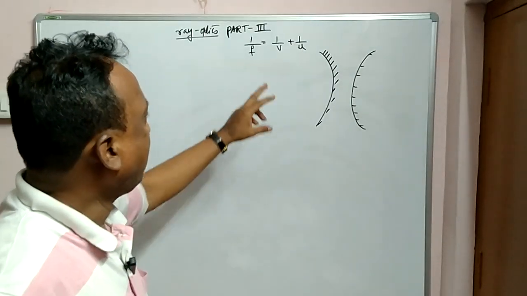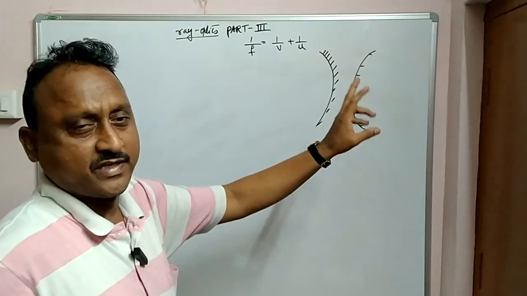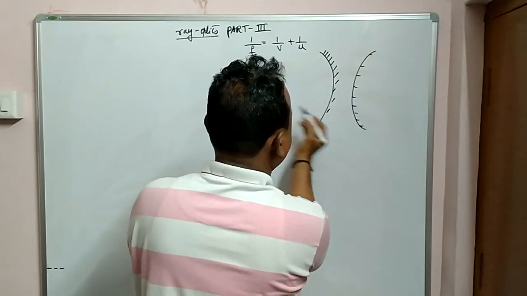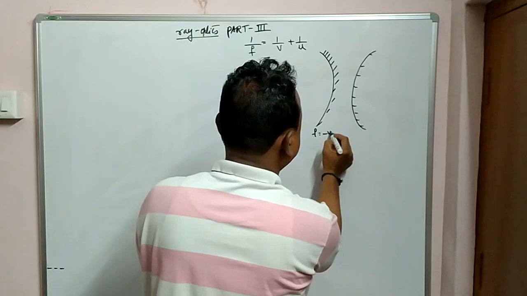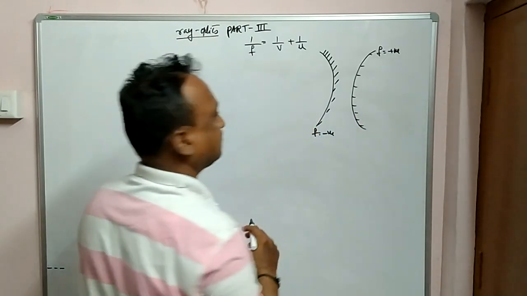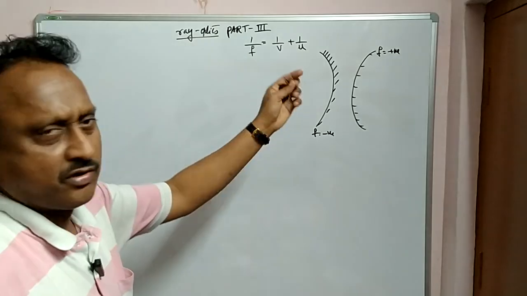Yesterday I told you that for a concave mirror focal length is negative, and for a convex mirror focal length is positive.